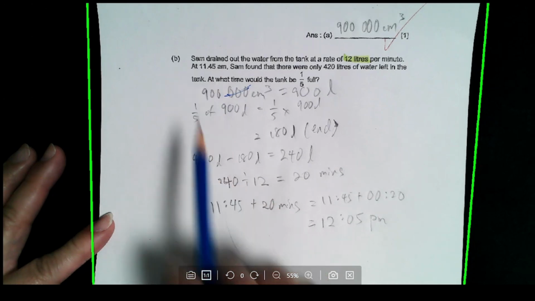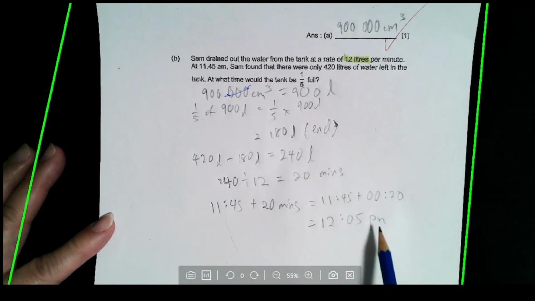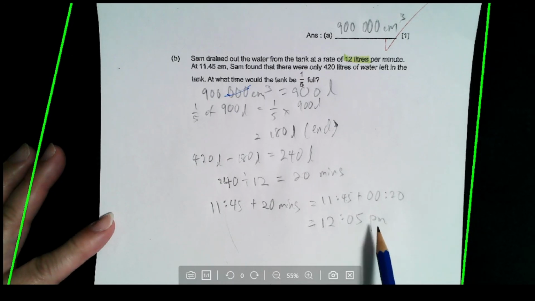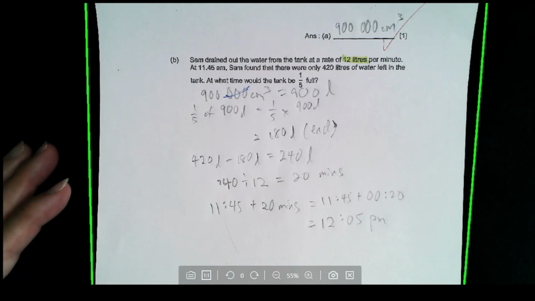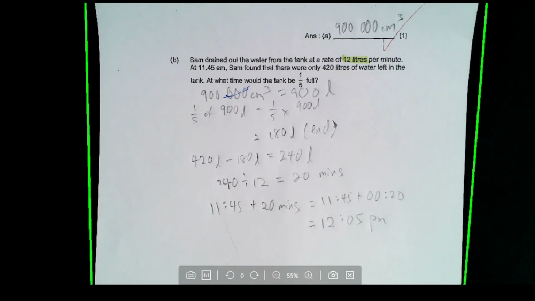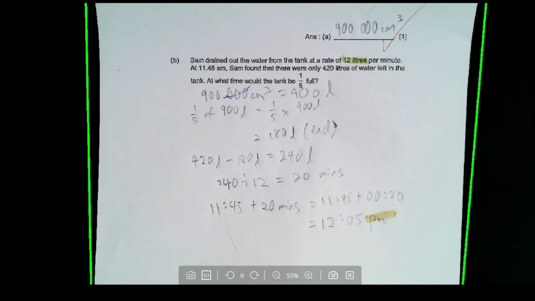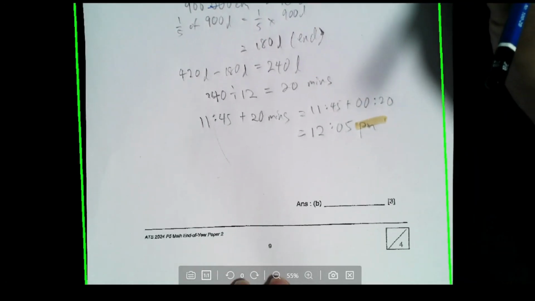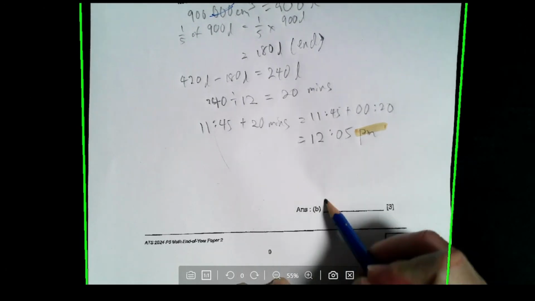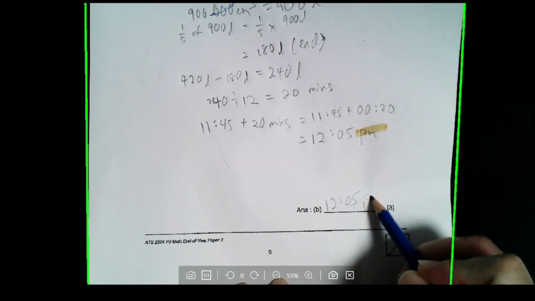It's 11:45 a.m., so when crossing the next hour it is going to be p.m., not a.m. Be careful of this. Take note of this. Okay? So once again, don't forget to fill in your answer. Don't forget your unit, p.m.